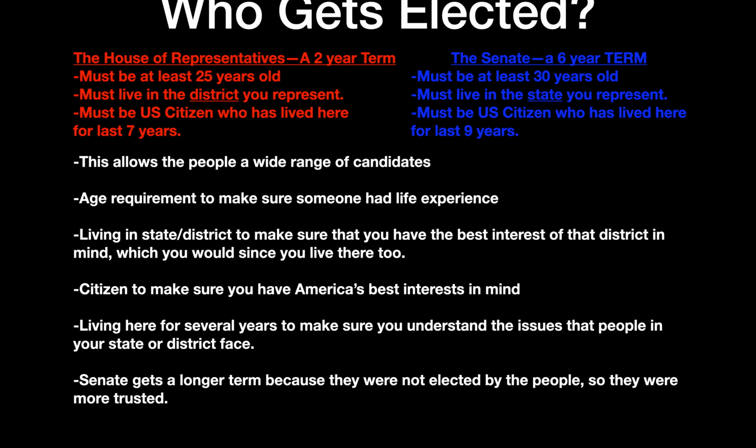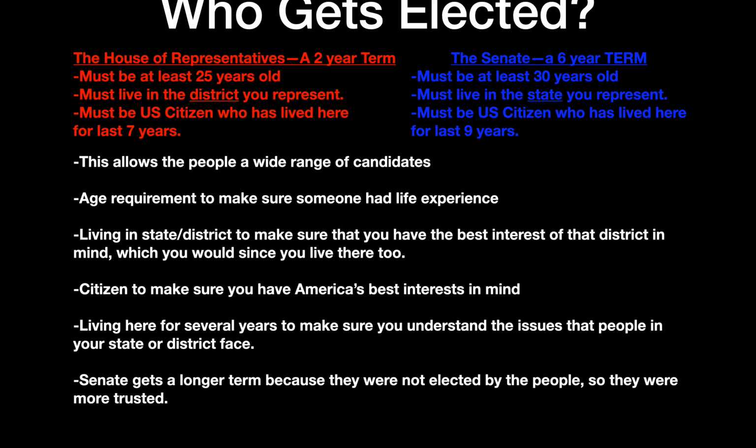And living in the state or the district means that you're always going to have the best interests in mind of the people you serve, because you live there too. If you didn't live there, you might not have their best interests in hand. You might be looking more at where you live. I mean, if I live in Massachusetts, I shouldn't represent Maine because the decisions I make might benefit Massachusetts more. And of course, being a citizen is kind of self-explanatory. You got to make sure you put America first, too.